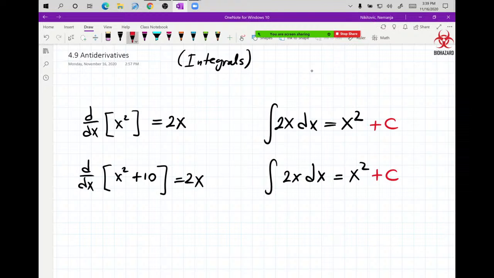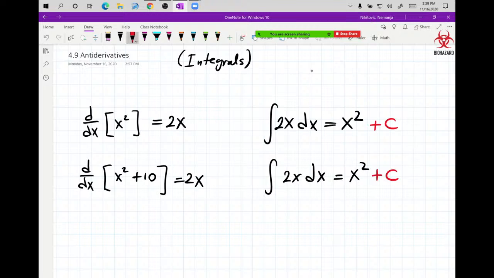That c, as you can see, in the top problem refers to 0, because the constant was 0, and in the second problem c is 10. We will have a way to calculate that c if an initial point is given, but we have to build up to that point.